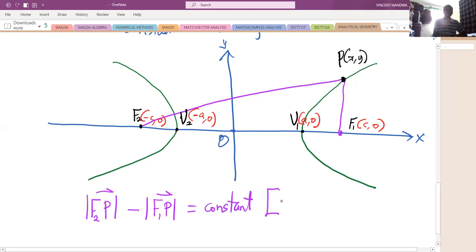So by definition, this is what hyperbola means.